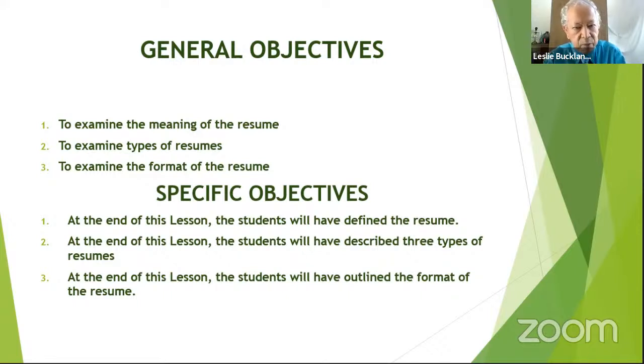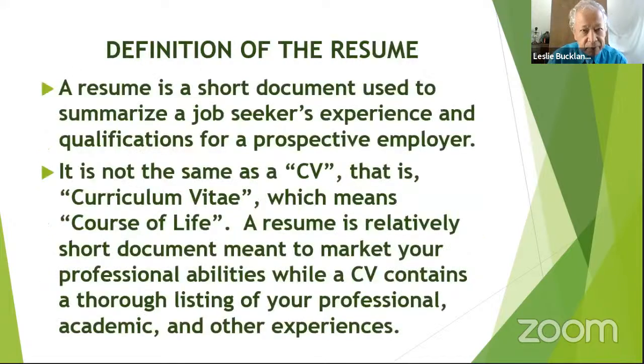The specific objectives are: 1, at the end of this lesson, the students will have defined the resume. 2, the students will have described 3 types of resumes. 3, the students will have outlined the format of the resume.